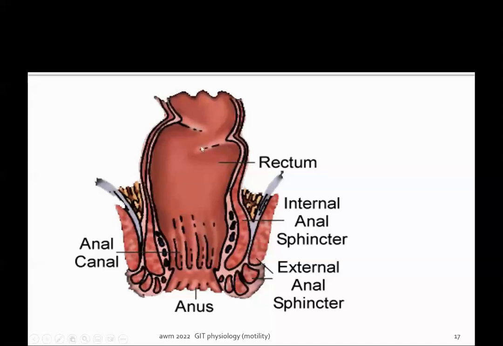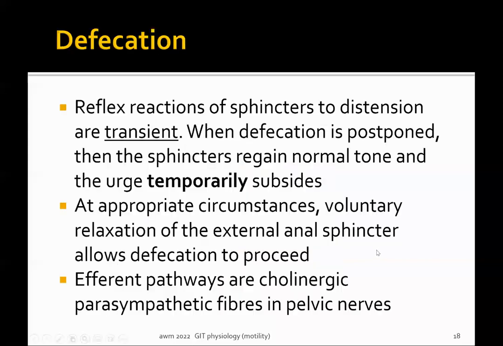So as the contents come down, they cause distension of the wall, and you get reflex relaxation of the internal anal sphincter. However, you are the one who controls the external anal sphincter when the environment is conducive. Okay, so we don't go around just pooping the way cows and goats do. So we are able to control that.